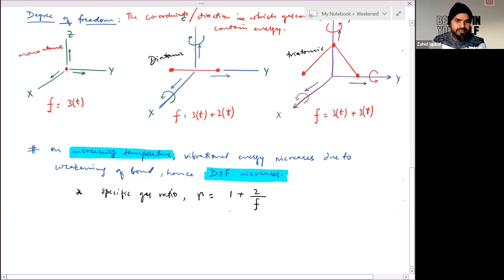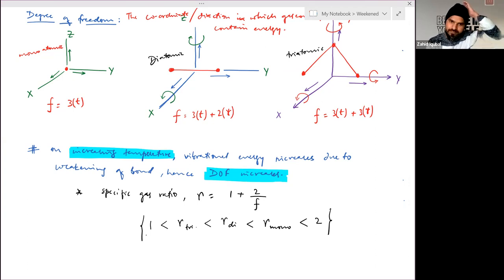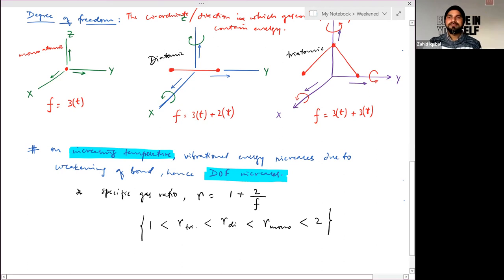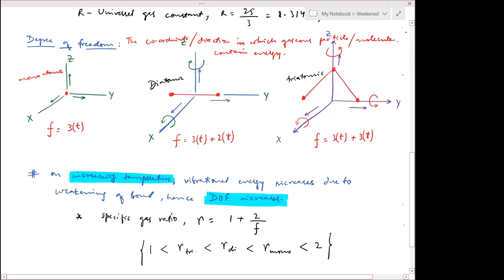So on increasing degree of freedom, gamma will decrease. So in general, gamma of triatomic will be least, then gamma of diatomic and gamma of monoatomic, and will always be in the range of this part. It means gamma lies in between 1 and 2. Mamuna, is it clear? Yes, sir. Okay, just write it down.